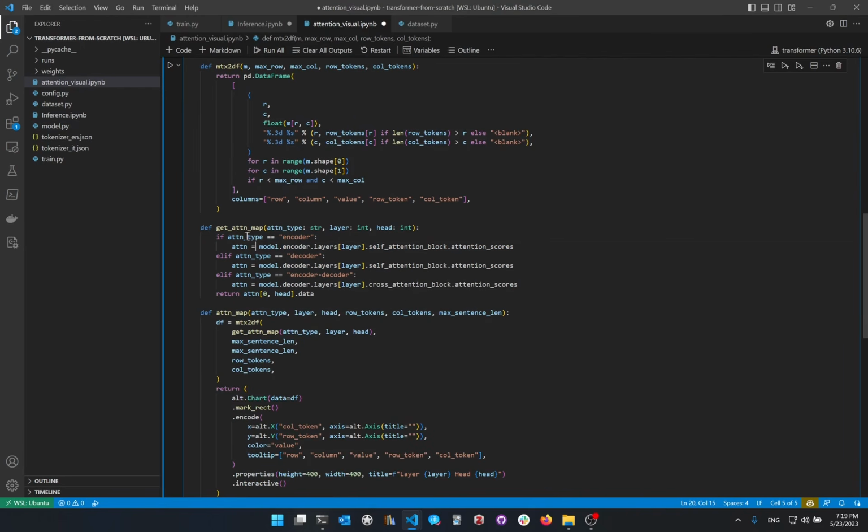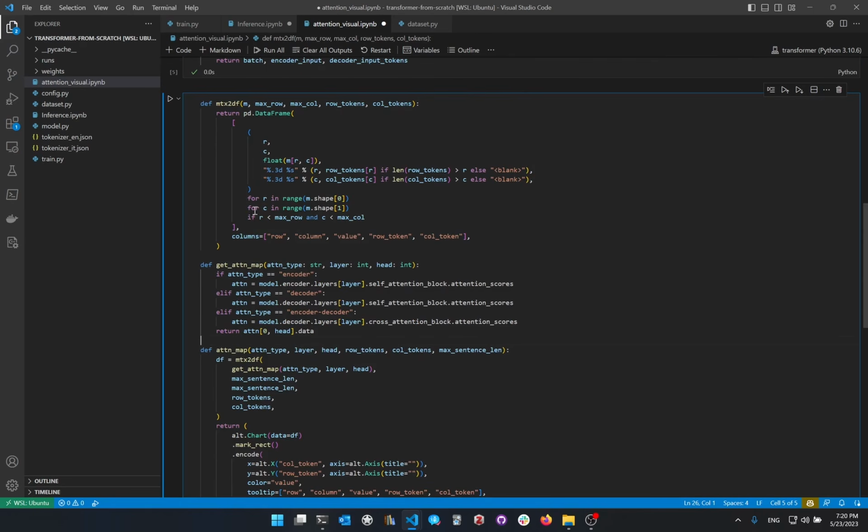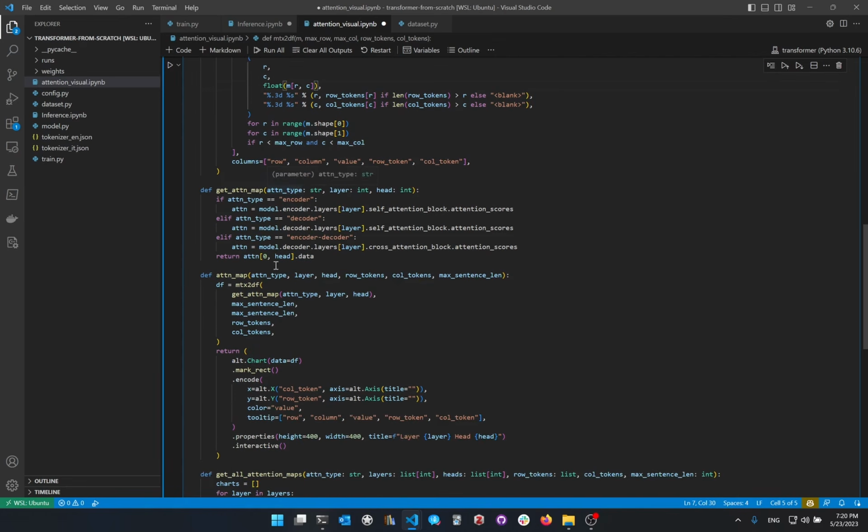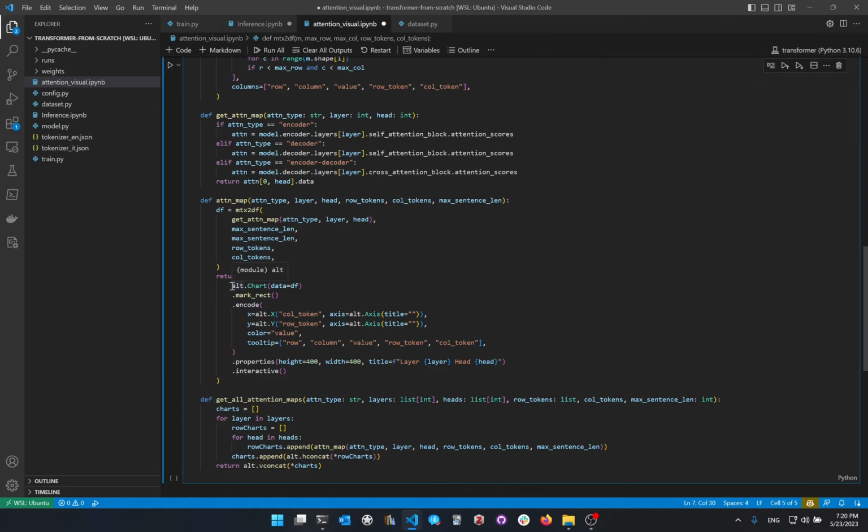So this function will, based on which attention we want to get from which layer and from which head, select the correct matrix. This function builds a data frame to visualize the information, so the tokens and the score extracted from this matrix here. So this matrix, we extract the row and the column, and then we also build the chart.